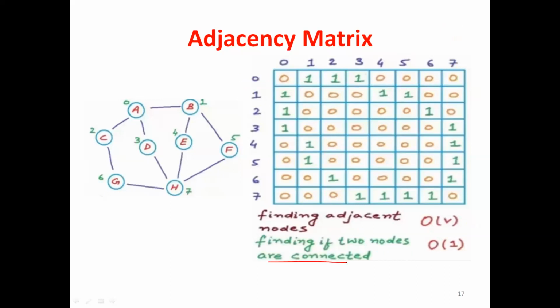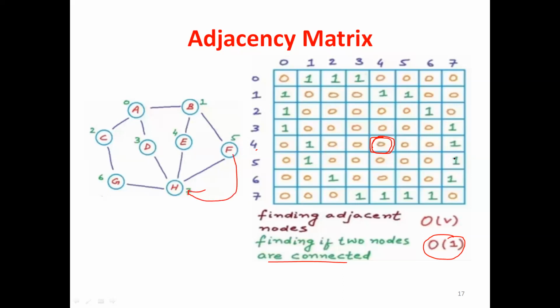And finding if two nodes are connected requires only minimum time, that is constant time. For example, 4 cross 4. Directly I will check this box. So 4 cross 4 is not connected. Then 5 cross 7. I am checking if 5 is connected to 7.